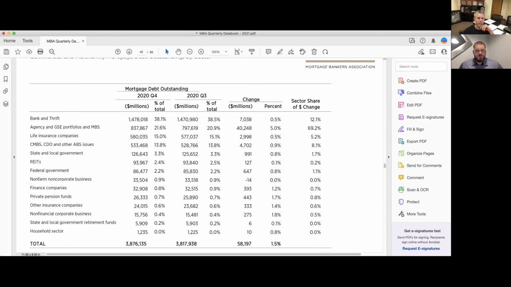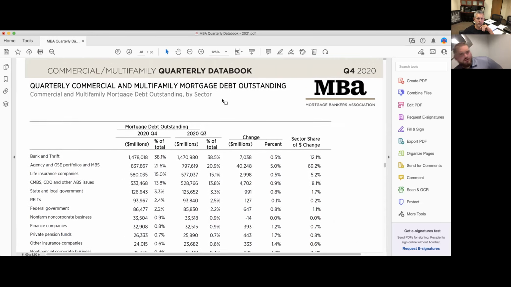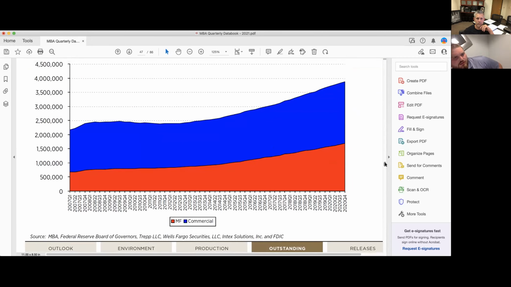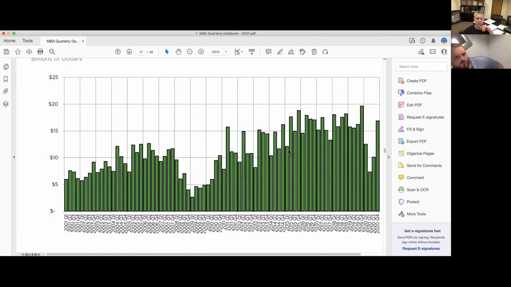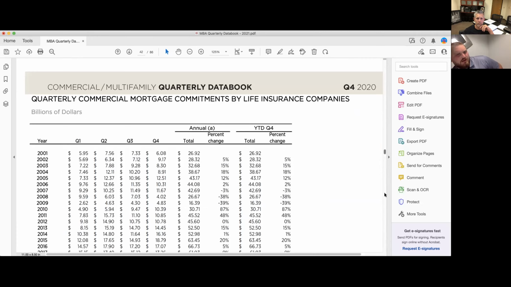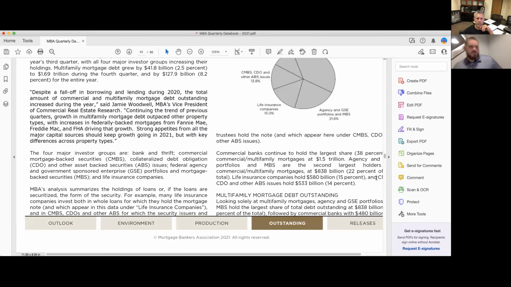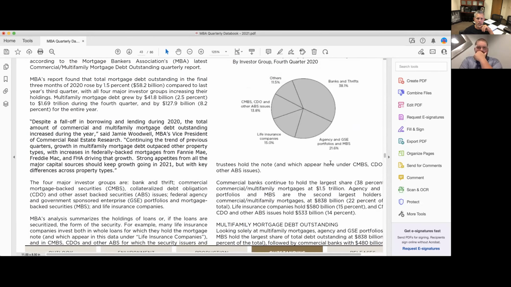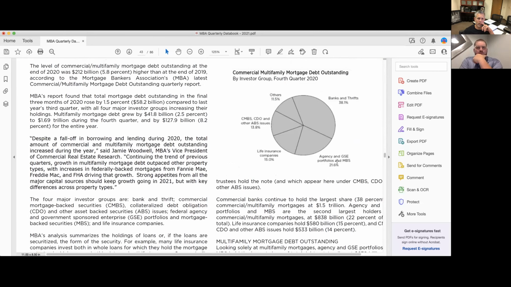The first one that you showed me, which showed the percentages, why are agencies so much higher than all of the other industries? Well, it's because multifamily apartments are probably one of the most sought after commercial real estate property types from everybody.